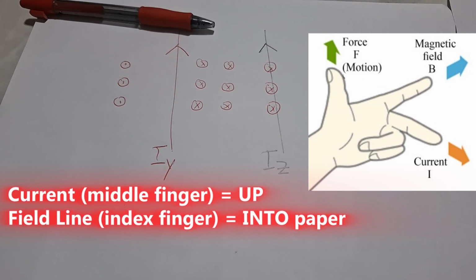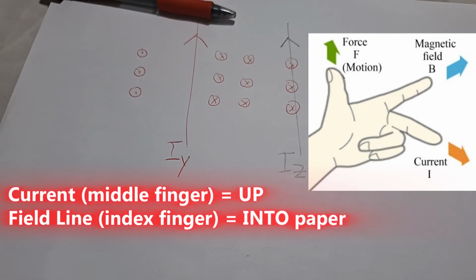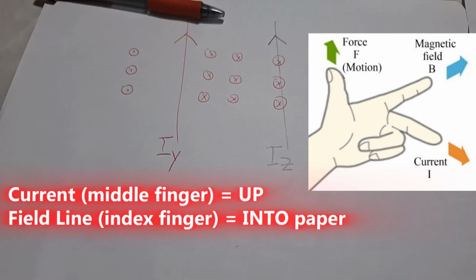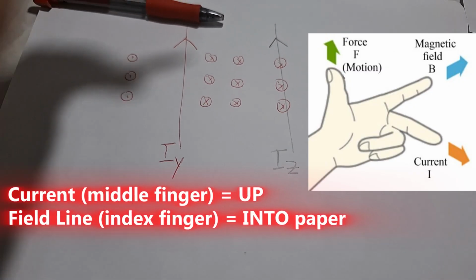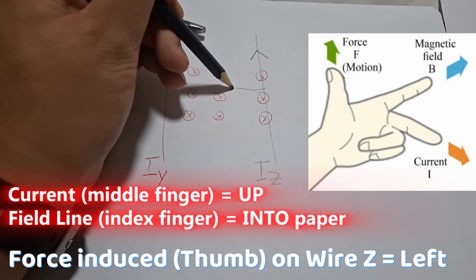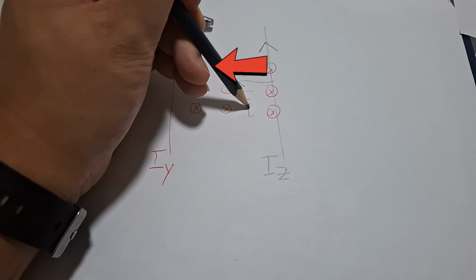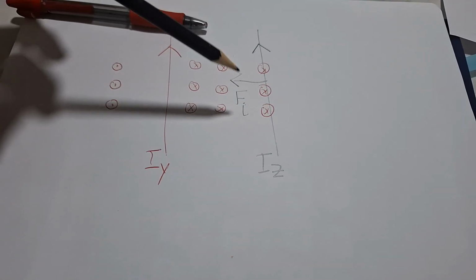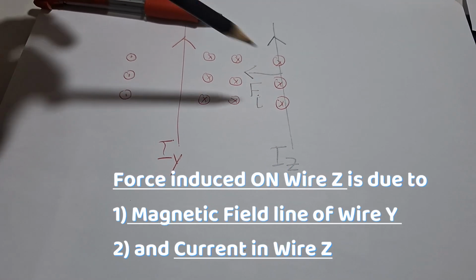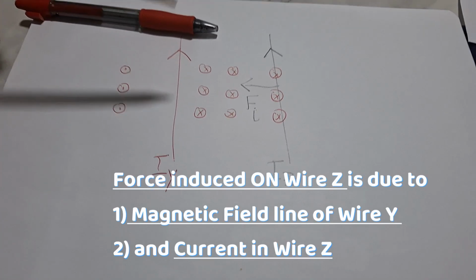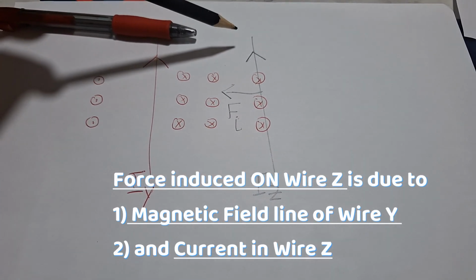My middle finger represents the current, going upwards. If you use Fleming's left hand rule, I will have a force induced on wire Z which is towards the left. This force induced on wire Z is due to the magnetic field line of current Y and the flow of current Z in wire Z.